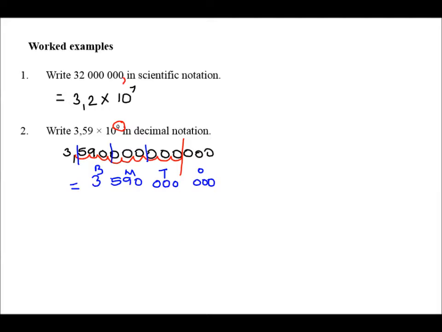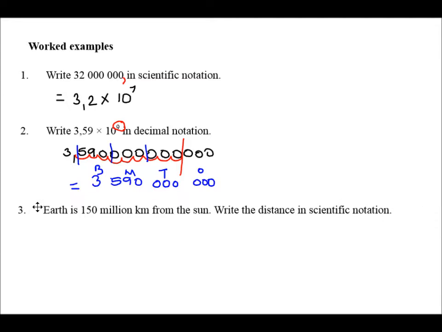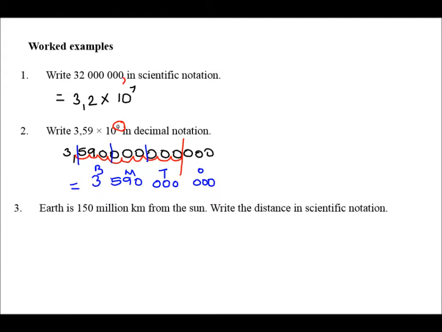Example number 3. The Earth is 150 million kilometers from the Sun. Write this distance in scientific notation. Well, the first thing we're going to do is write 150 million in digits only.